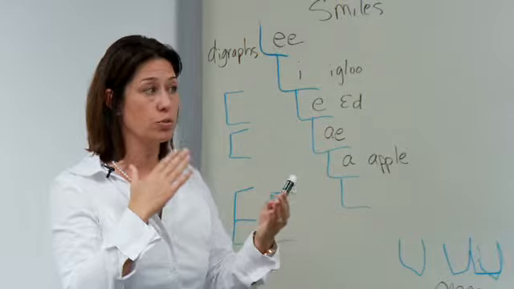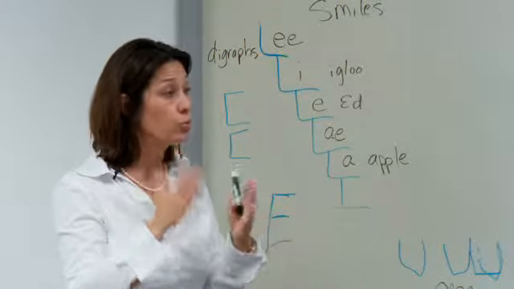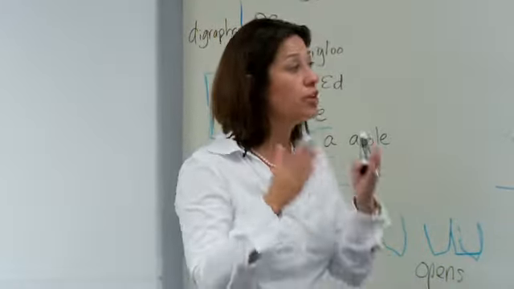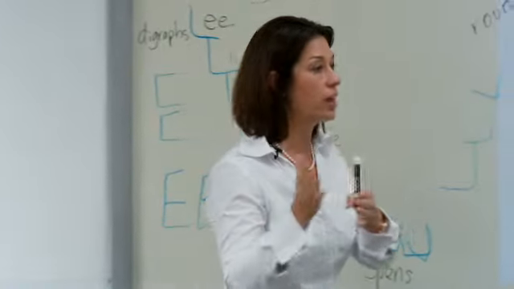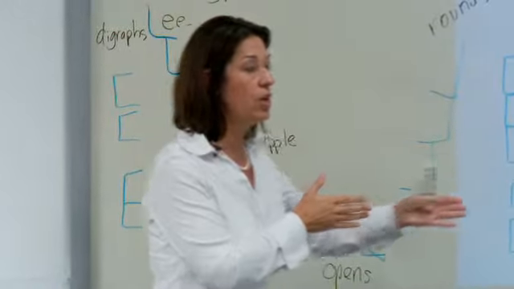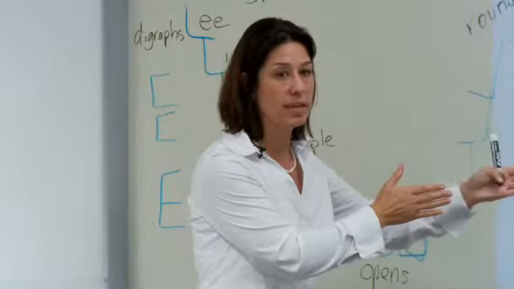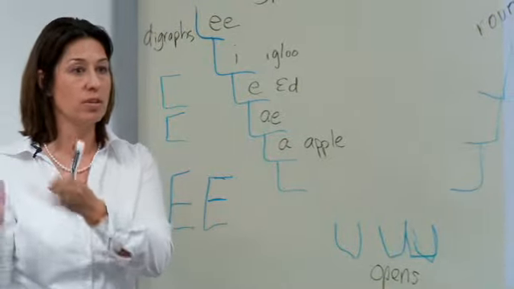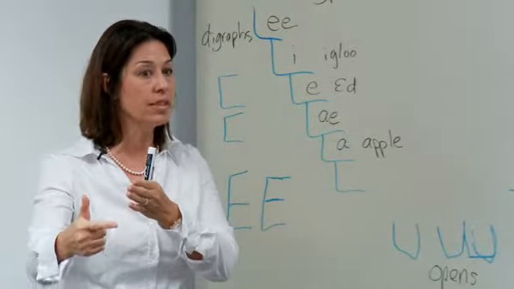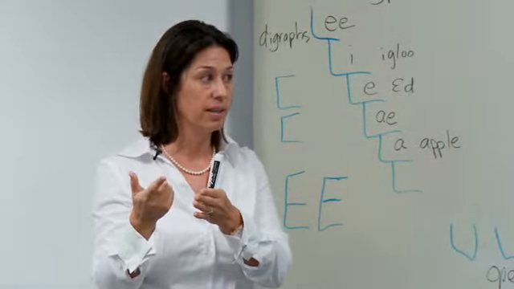They don't know the difference between short and long. You really want to establish that, and you really want to make sure that those are strong, because as I move forward and start introducing you to syllable types, there's no way you're going to be able to move them into the bigger words if they don't know the difference between a short vowel sound and a long vowel sound, if they can't produce it and they can't hear the difference between it.